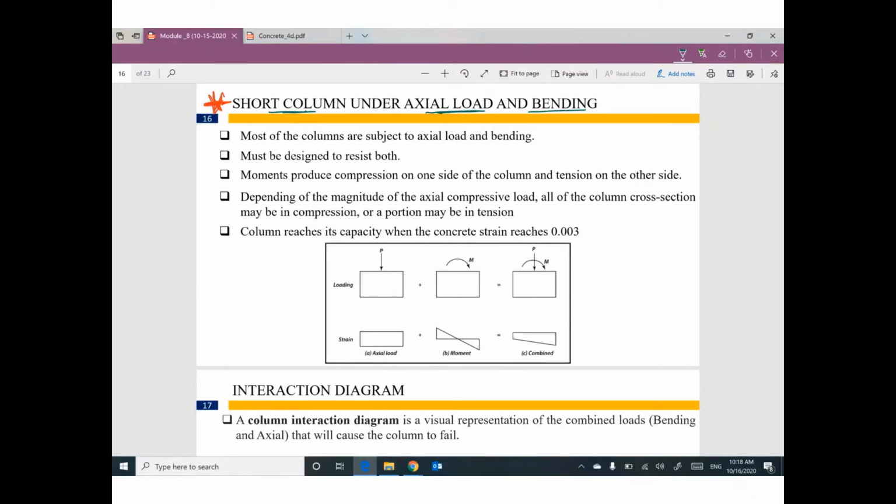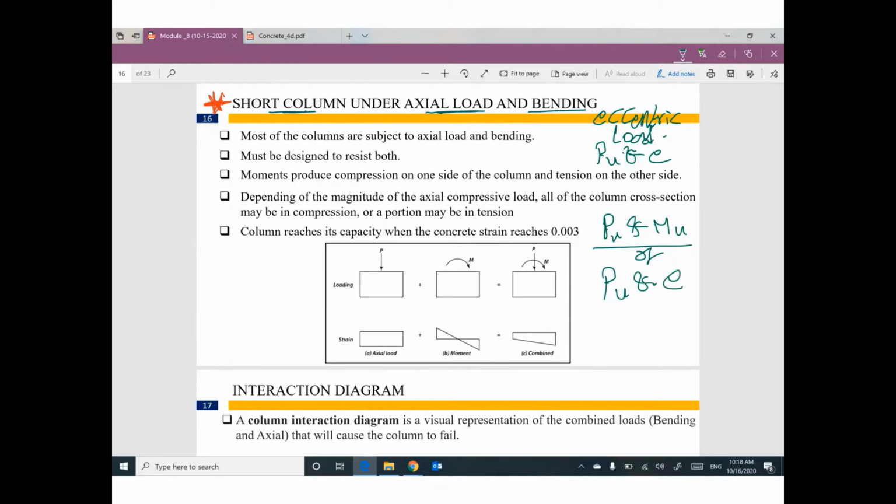I can say it with different expressions: eccentric load, same meaning, because eccentric load means P ultimate and E. So probably the problem will give you P ultimate and M ultimate directly, or it will give you P ultimate and eccentricity.